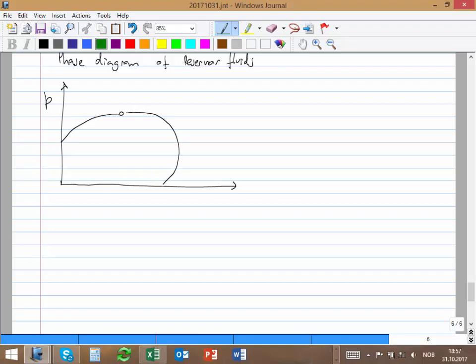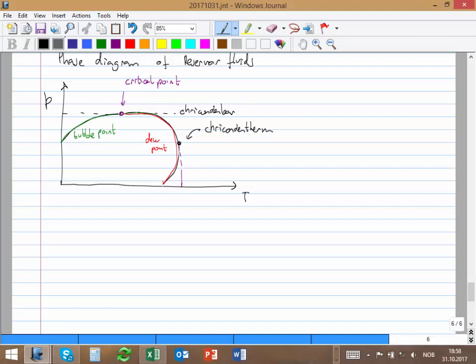This green one is the bubble point line, and this is the dew point line. This here is the critical point, and this is temperature, so this point here is the cricondentherm, and this guy here is the cricondenbar.